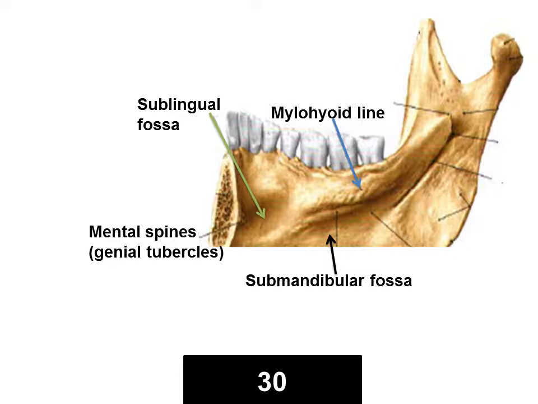Now the mylohyoid line begins posteriorly just behind the third molar tooth and run downward and forward where it ends at the symphysis mentis. Now at the symphysis mentis you can see the mental spine. عندي four mental spine، اثنين superior واثنين inferior.